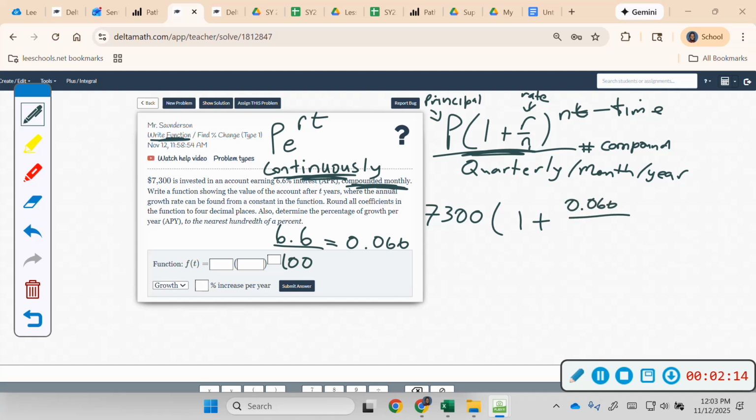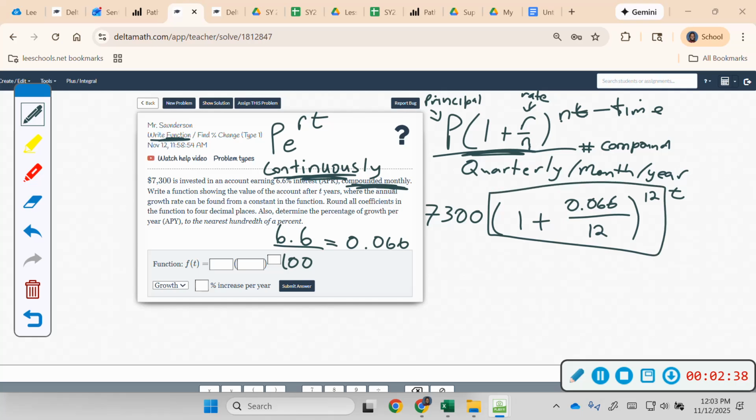Then over n, which is the number compounded by. Monthly, so you ask yourself how many months are in a year. There are 12 months in a year, so it's compounded by 12. This n and this n are the same n, so this is also 12, and then I rewrite the exponent t.